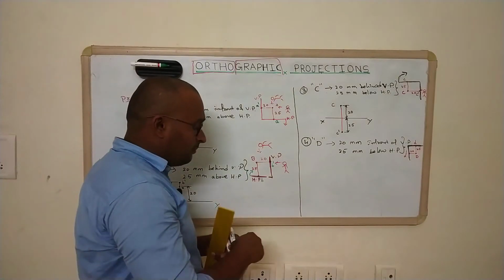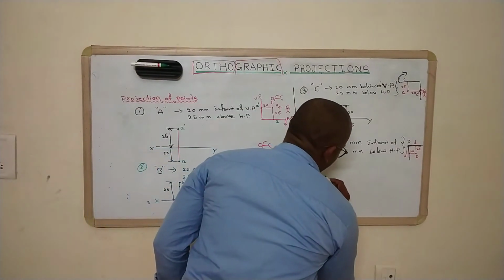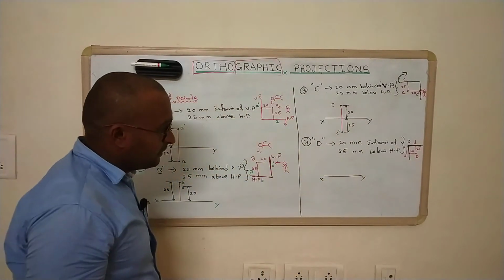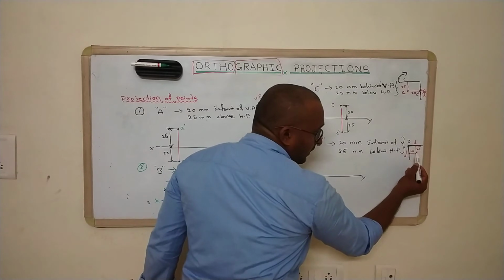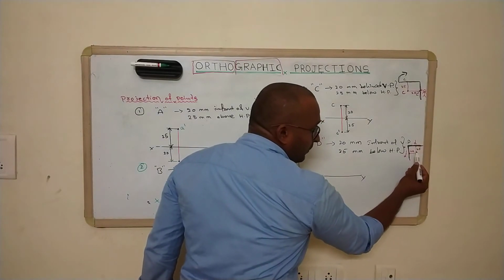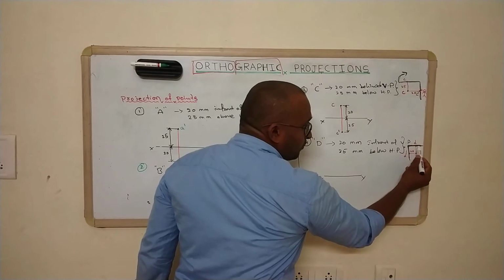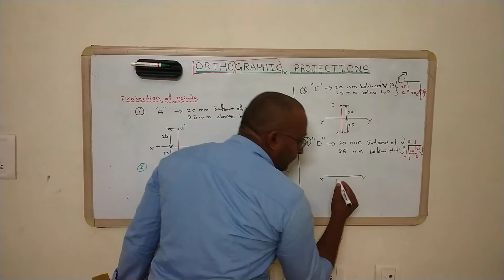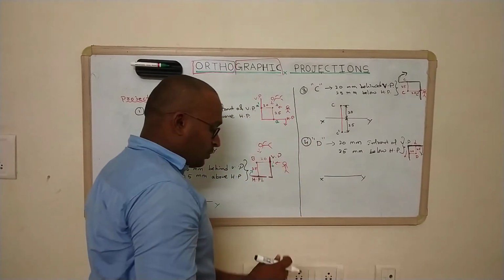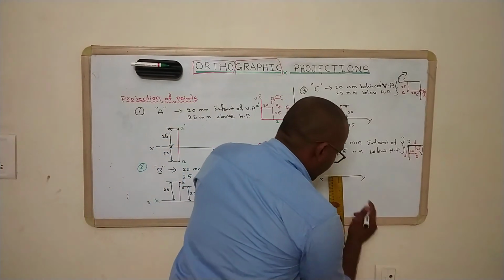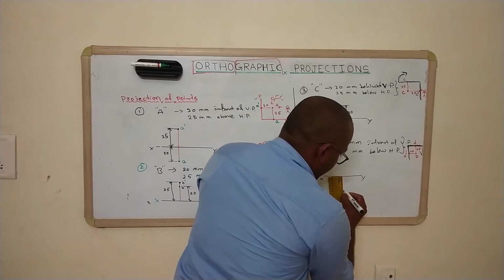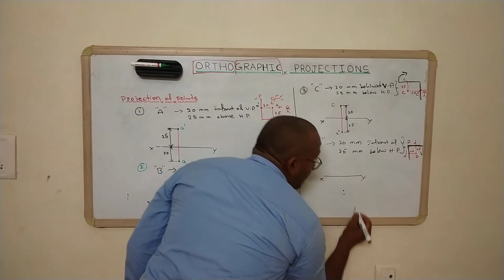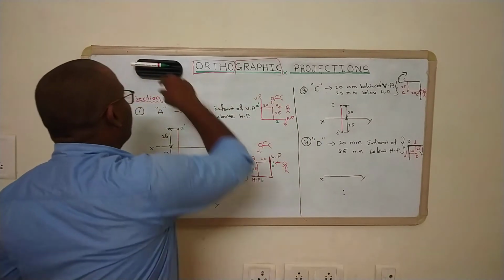So for this problem, in a similar way, initially we should start with the XY line, then this is the front view dimension, so that both are going to come downwards. The front view dimension is about 25 mm and the top view dimension will be about 20 mm. So here this is the front view and the top view.